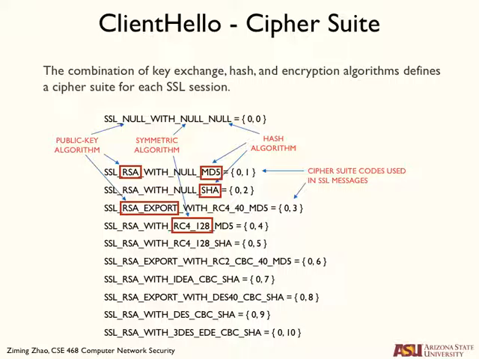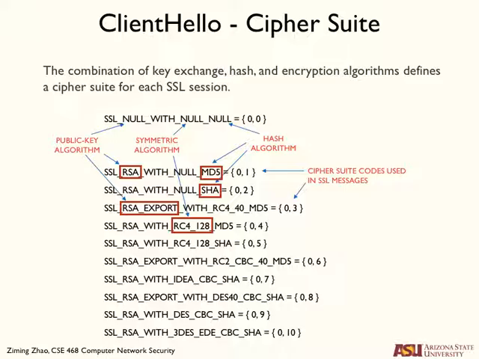For example, SSL RSA with MD5 means my client, my browser, supports using RSA to exchange keys. And this one is specifying I can support RC4 128 bits as a symmetric key algorithm for encryption.